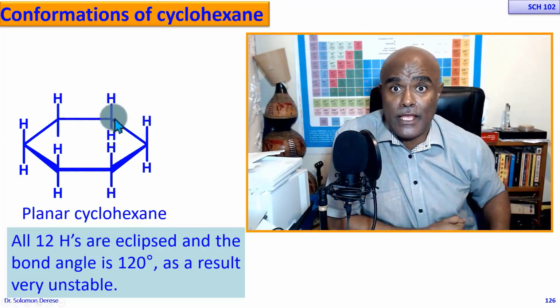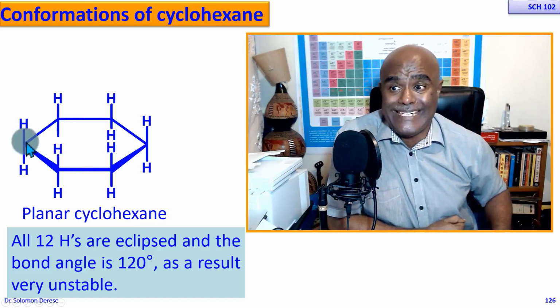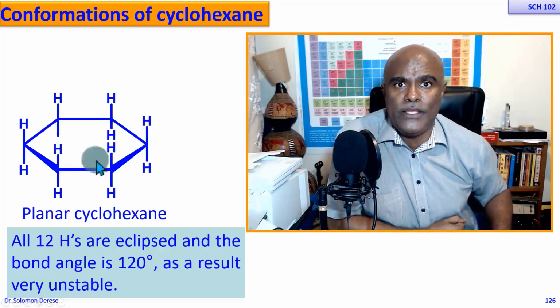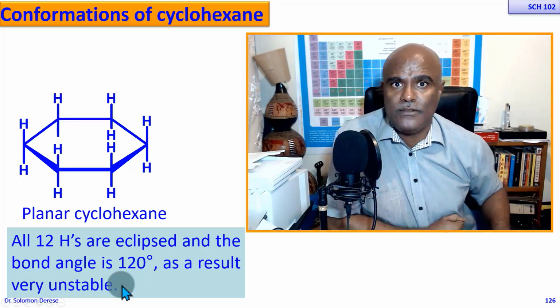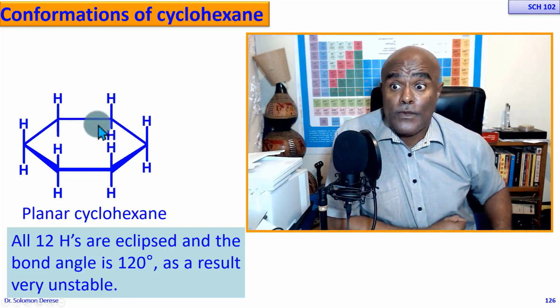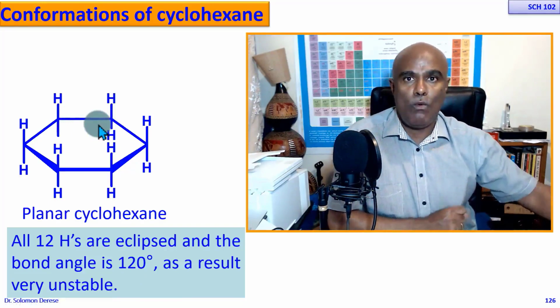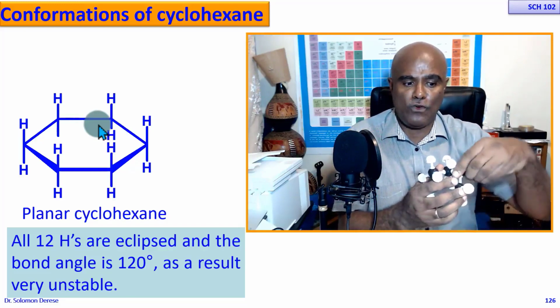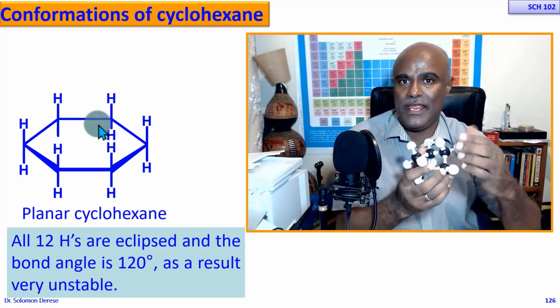As a result, cyclohexane, just like cyclobutane and cyclopentane, can adopt a puckered three-dimensional conformation that will allow it to relieve its angle and torsional strain. So remember, in the case of cyclopentane, one of the carbons came out of plane to allow some relief on the ring.